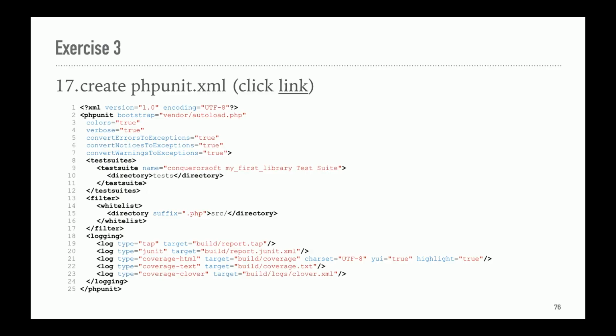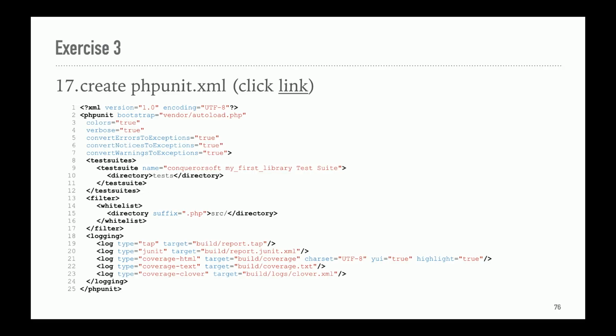For the test of our library, we would need to define a PHP unit configuration file. It is not the only way, but it is easier. This is to let PHP unit know the configuration that we want for our tests.